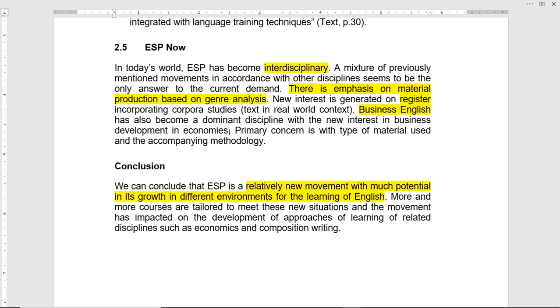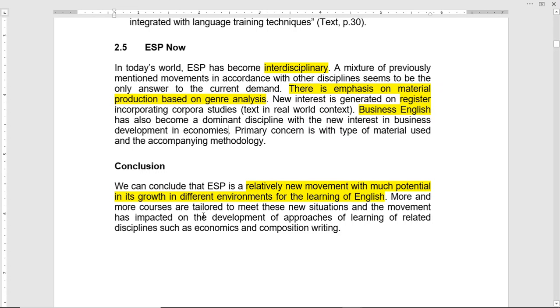So we studied different types of English. I would call it actually not different types, but different approaches. English for academic purposes, English for occupational purposes, and then movements, the approaches to teach English in such specific contexts.